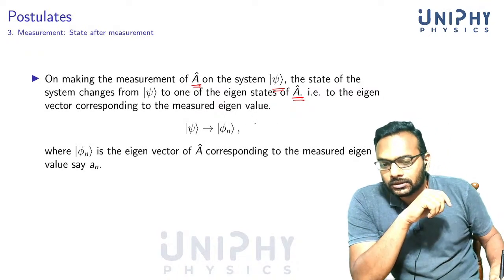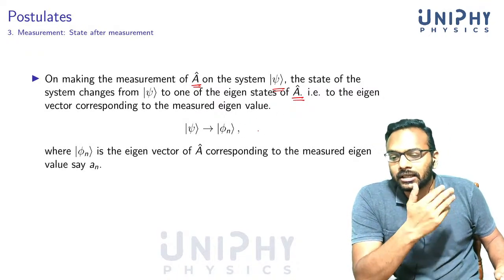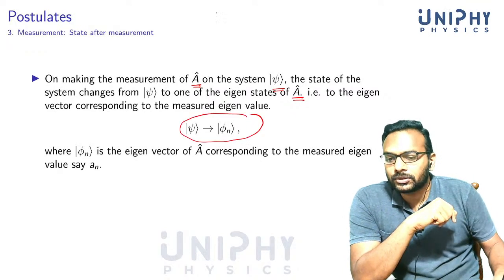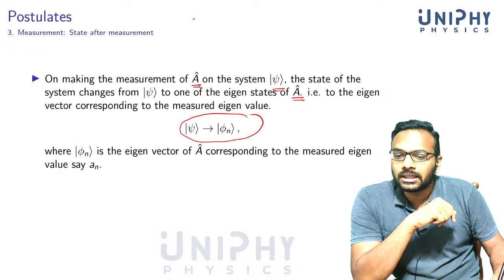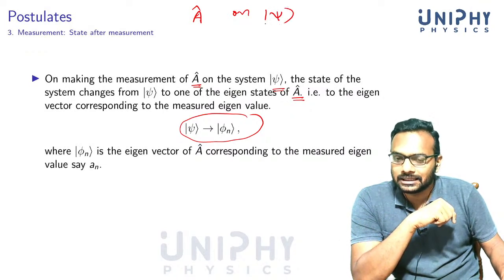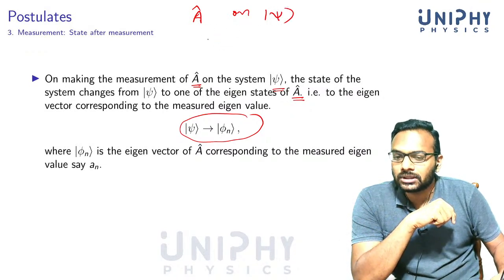So which eigenvector? The eigenvector corresponding to the measured eigenvalue. Suppose you make a measurement of an observable A cap on the state psi. After measurement, suppose you got the value an.